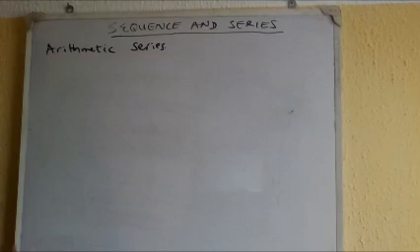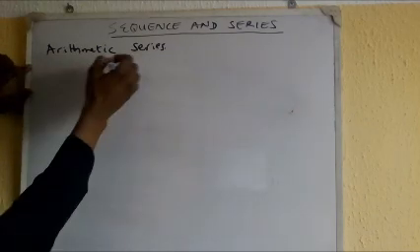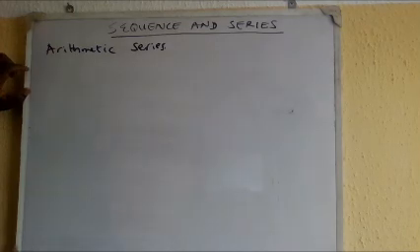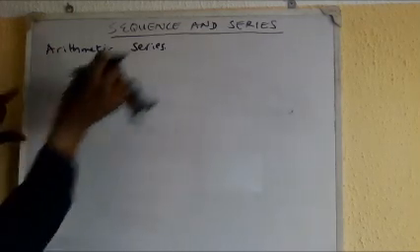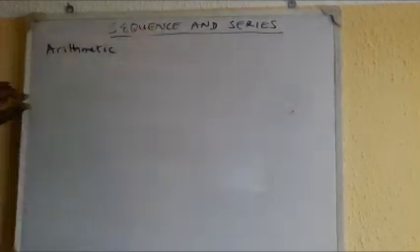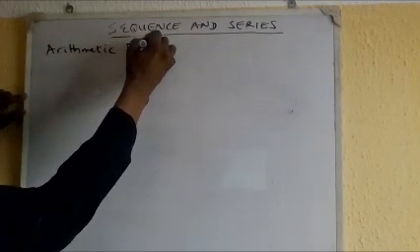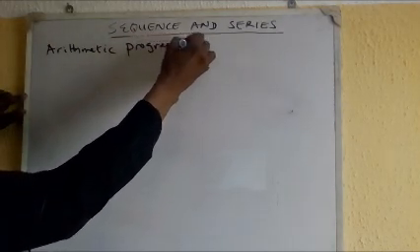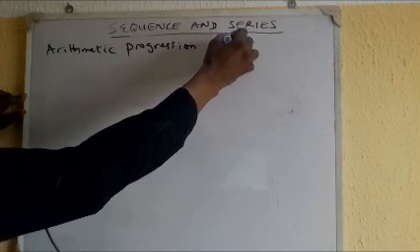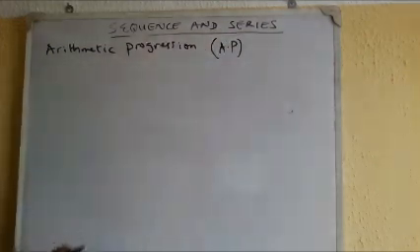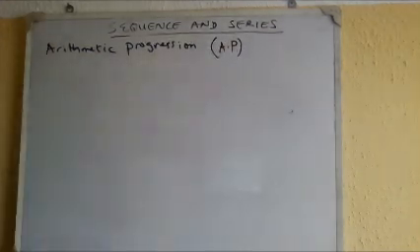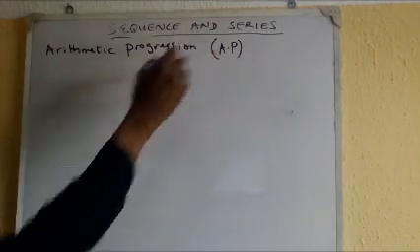Let me start using the word progression. So it's a series: arithmetic progression. Most of the time you see AP. Please don't add C to it, so that it won't look like a political party. This is AP.